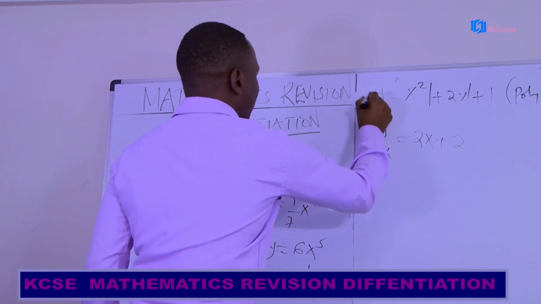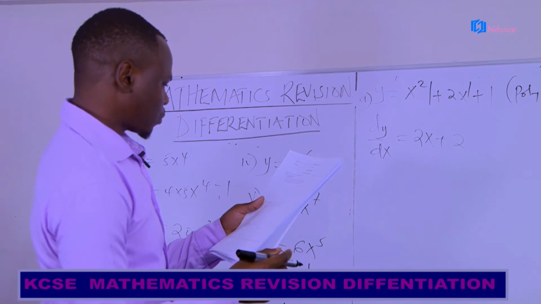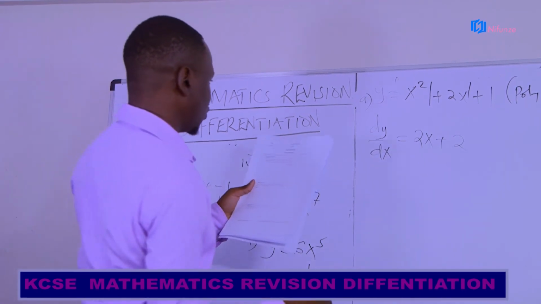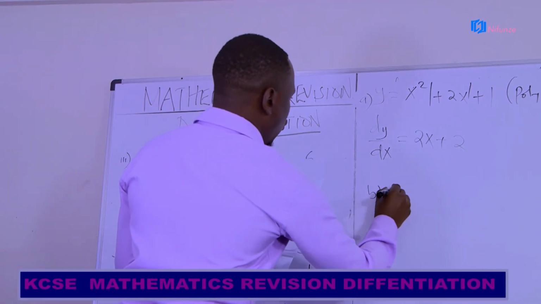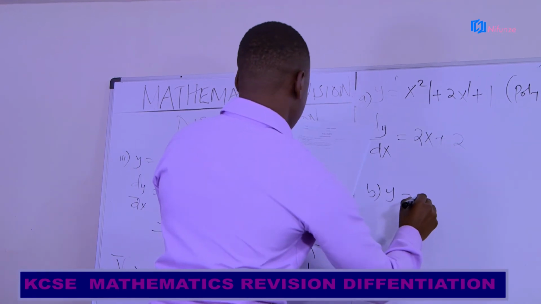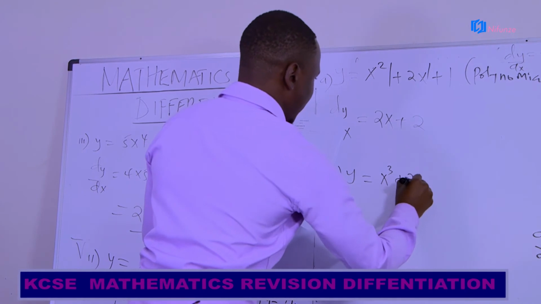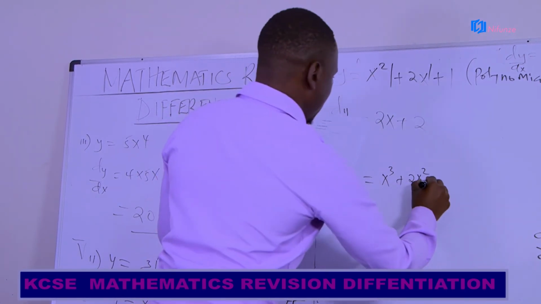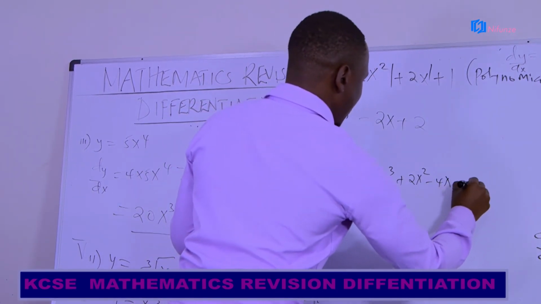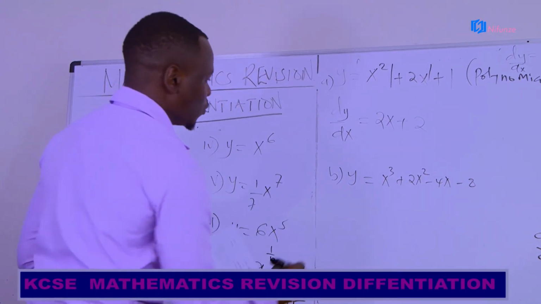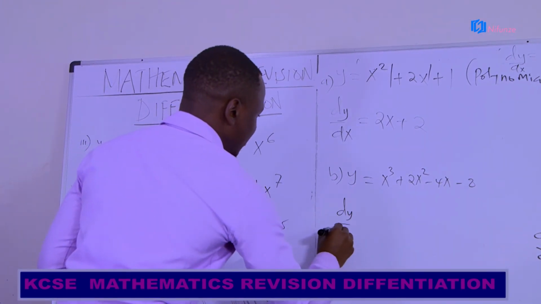So that is the derivative of that particular equation. That's case 1. Case 2, we can find an equation like this. y is equal to x cubed plus 2x squared minus 4x minus 8. Very quickly, let's do our dy over dx.